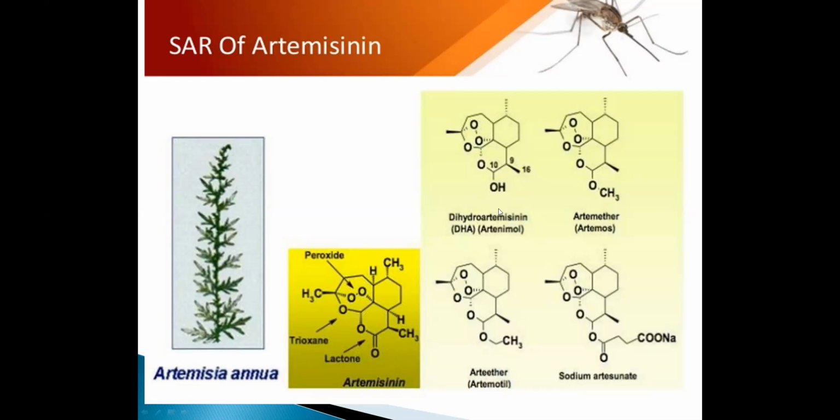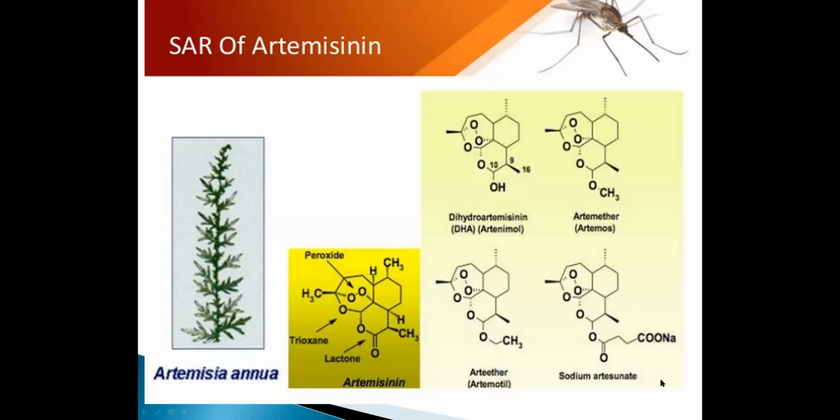In this case, OH is called artemol. If it is converted into a methyl ether, then it is called artemether. If it is converted to an ethyl ether, it is called arteether. And if it forms an ester with succinic acid, it forms artesunate, and it can be converted into corresponding sodium or potassium salts to increase your aqueous solubility.